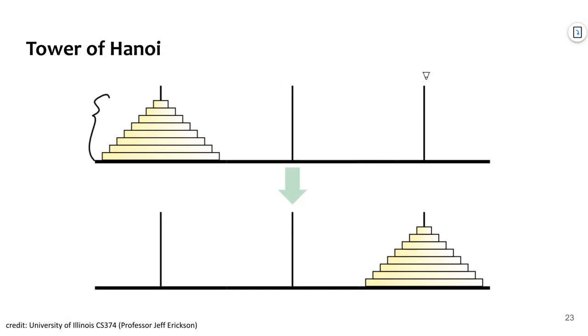Let's say this one is destination, and this one is spare, and this one is source. So we have 3 poles and a number of plates like this. Let's say N plates. And we want to move all the plates in the source pole to the destination pole.